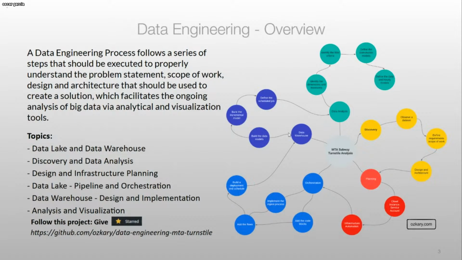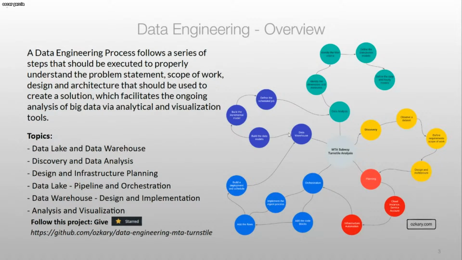All right, let's start with an overview. What is data engineering? Data engineering is really a process of following a series of steps. If we execute them properly and understand the problem statement and the scope of work, we can come up with a design and architecture that will deliver this solution for us. This includes the ability to provide an analytical layer for reporting tools.